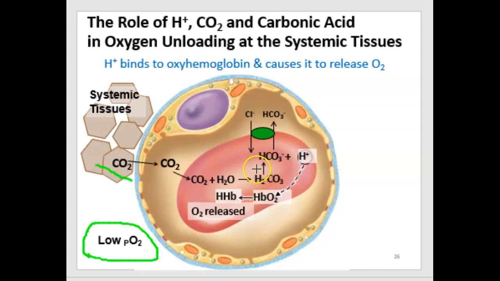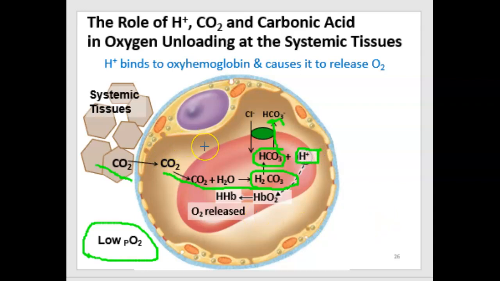So it turns out that after carbon dioxide comes into the red blood cell and carbonic anhydrase makes this carbonic acid, we get bicarbonate that's going to be carried in the plasma, going all the way back up to the heart and then to the lungs. The hydrogen plays another important role.